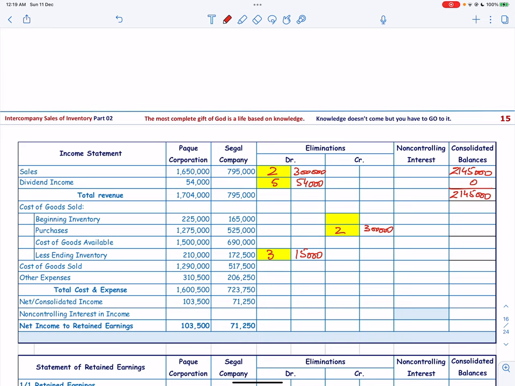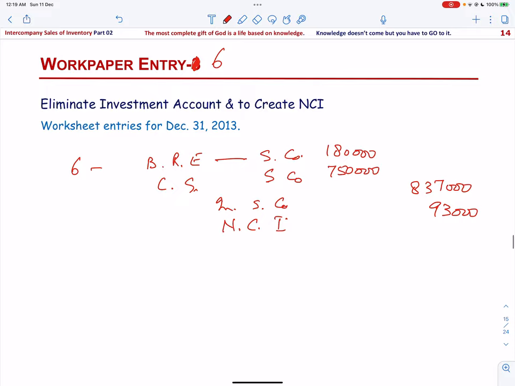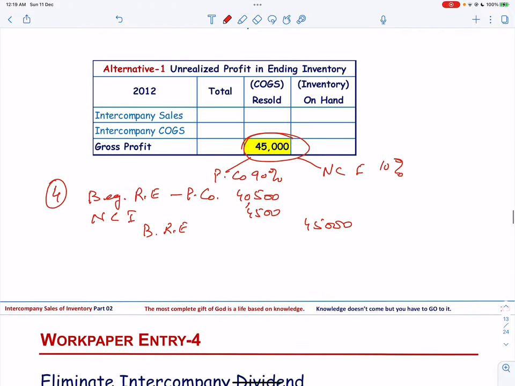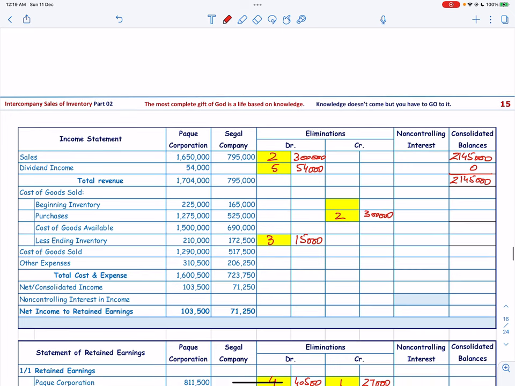Then we have the beginning inventory, and beginning inventory is 225 plus 165, and I think I missed something over here. Oh yes, beginning retained earning of 45, that was number 4, 45,000.